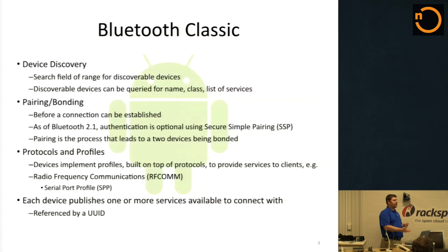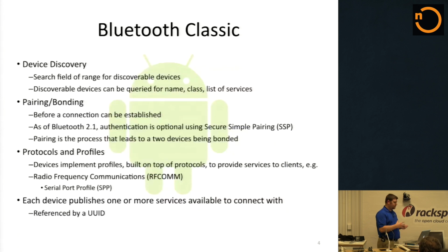A Bluetooth profile would be something you're familiar with, like a hands-free profile or a wireless media profile or A2DP, which is audio streaming to a speaker, or in the case of what we're going to look at tonight, a serial port profile. These are functions that you actually interact with as an end user, and the protocols are typically just the pieces underneath that to be the glue between that and the link in the stack.